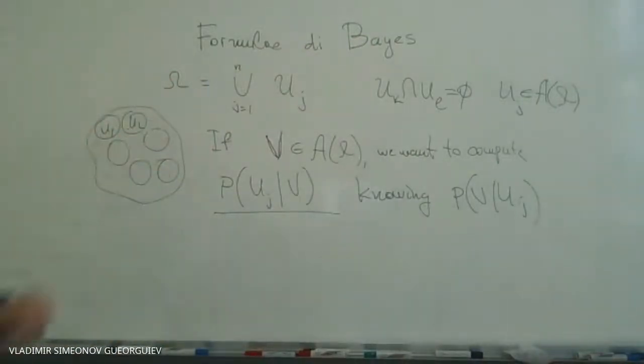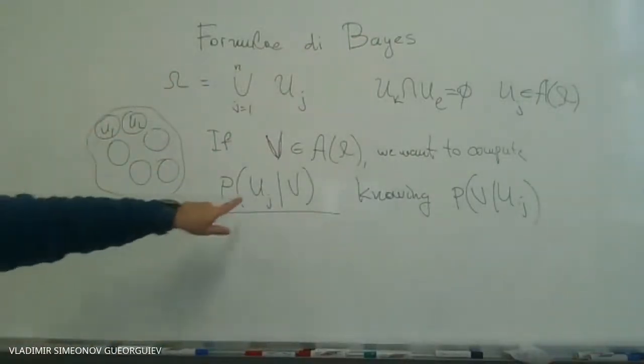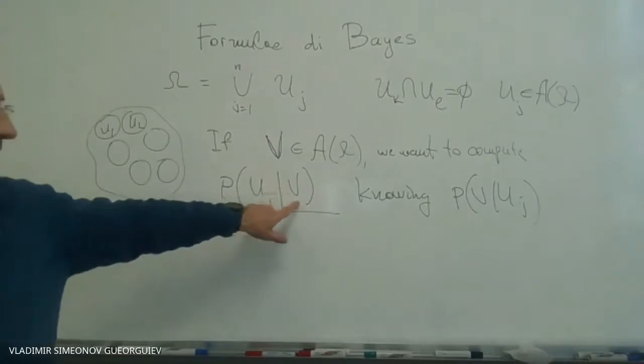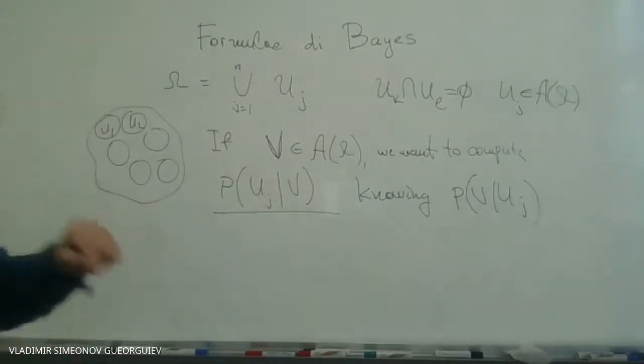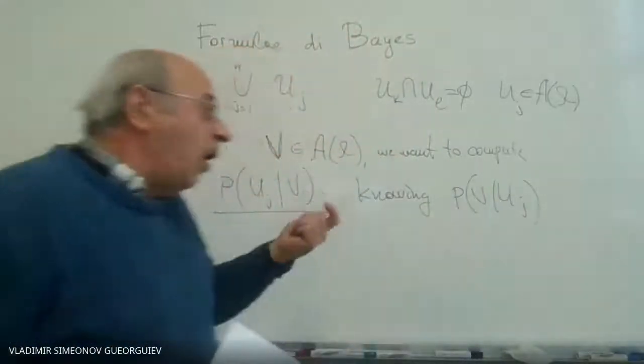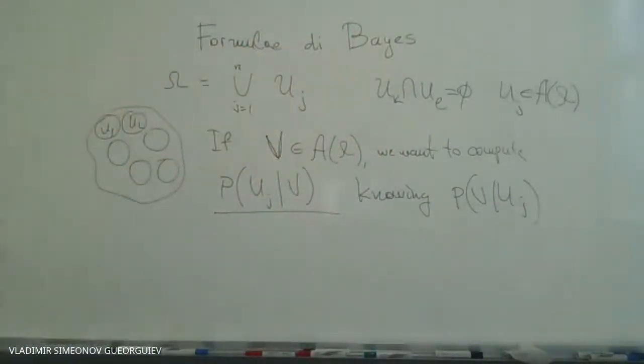We shall see that in many cases we have to compute for this particular event the conditional probability when V happens, and we know the opposite conditional probability, the probability of V when Uj happens.